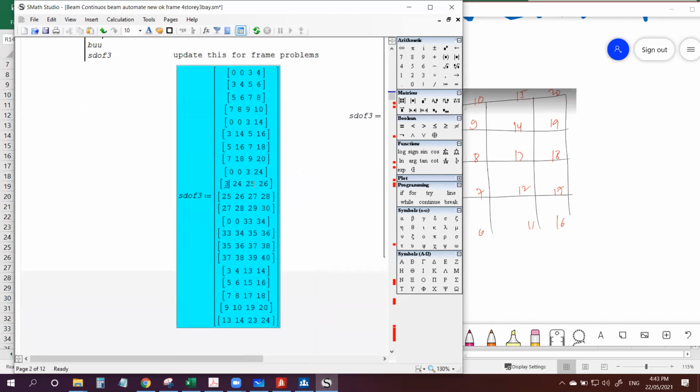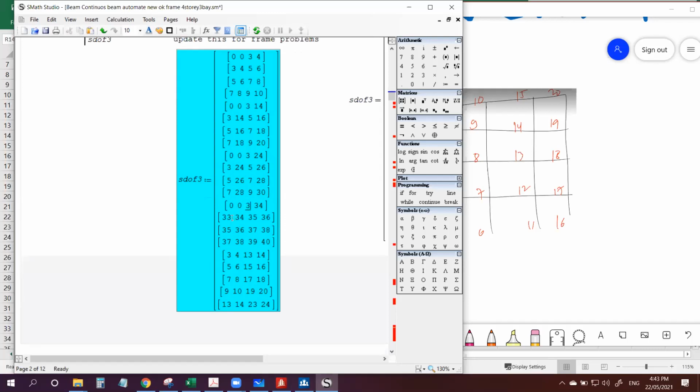Then this is 3, this is 5, this is 5, this is 7. This is 7 lateral. This is 9. Okay, this is 3 again. This is 3 and 5.